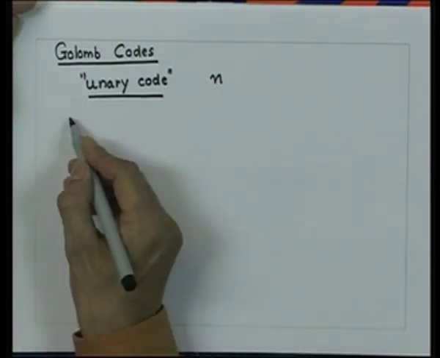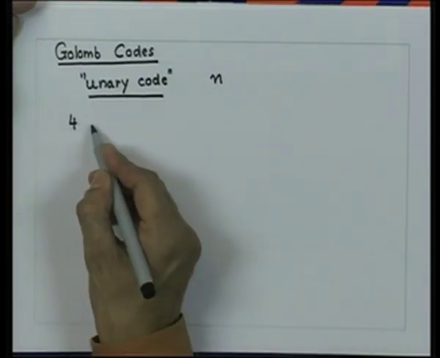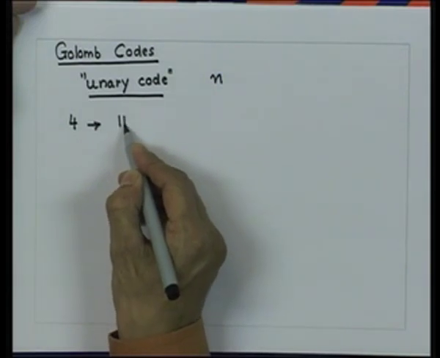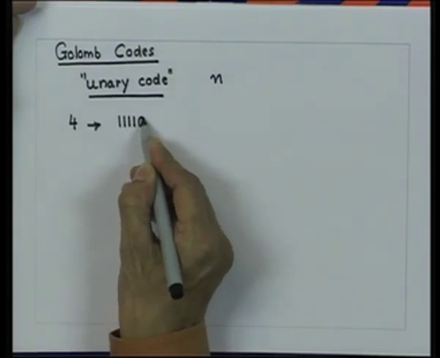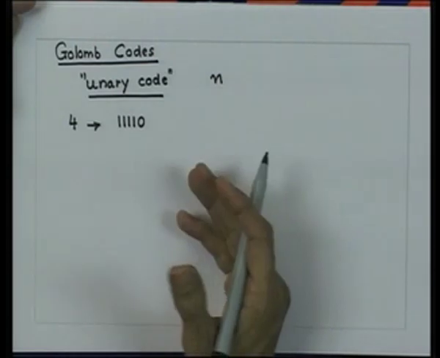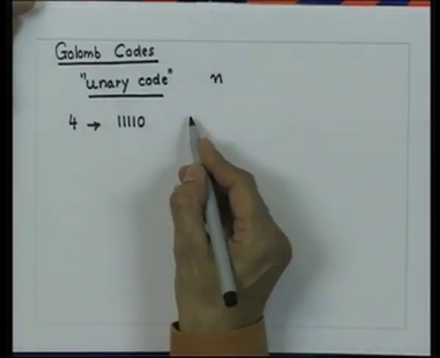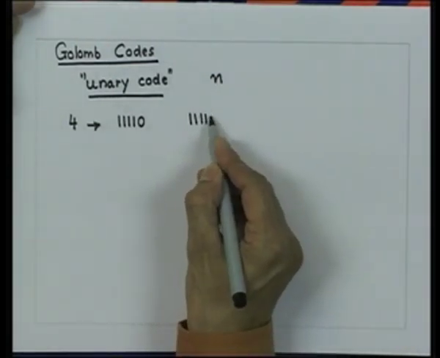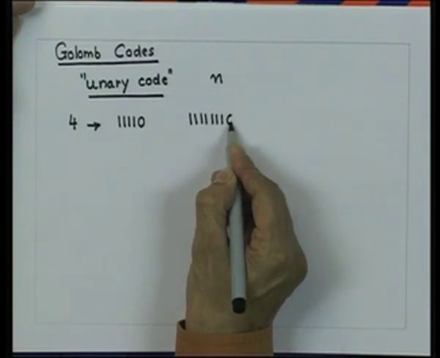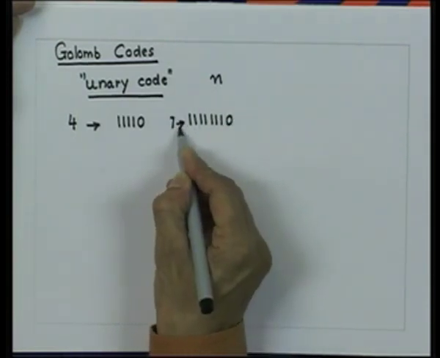Thus, the code for 4 would be 1 1 1 1 0, and the code for 7 would be 7 ones followed by a 0.